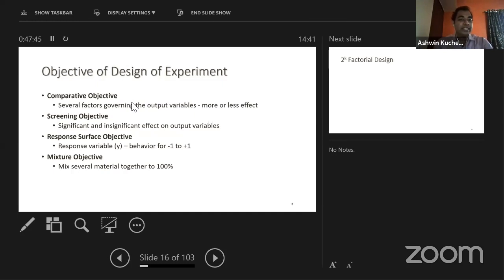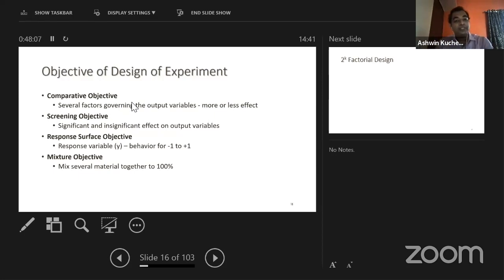If it is a screening objective, it means I want to screen, say, 10 different excipients for significant and insignificant parameters, or highly impacting and low impacting variables. Then I should go for screening, select the significant factors, and then shift on to exact factorial design or response surface design.